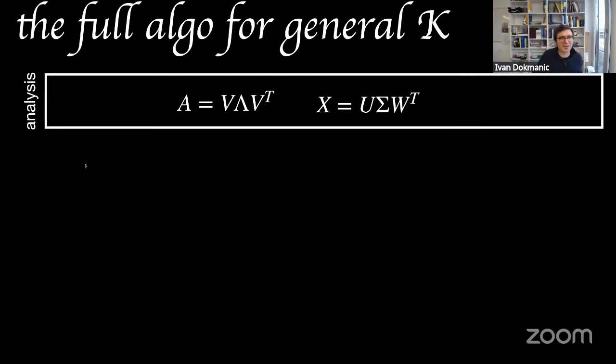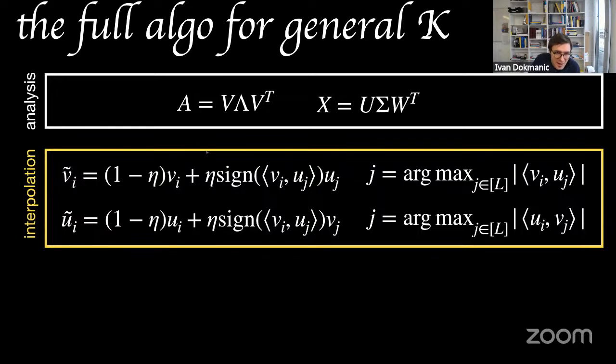So here's quickly a full algorithm that looks completely ad hoc, but actually it works. You're given a graph and features, you eigendecompose them, and then for every one of the top L eigenvectors of the graph, you look for the closest left singular vector of the features, and you do an interpolation between the two.